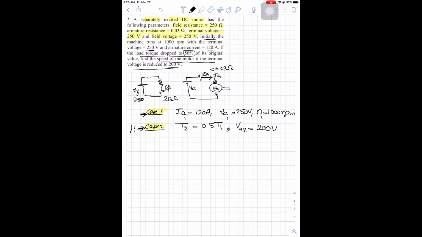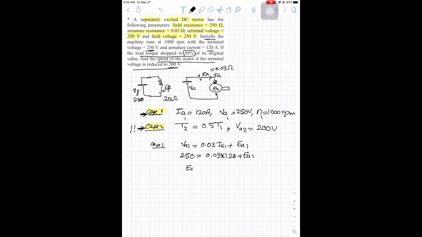So if we write KVL for case 1, we have VA1 equal to 0.03 IA1 plus EA1. So VA1 is 250, equal to 0.03 times IA1, which is 120, plus EA1.